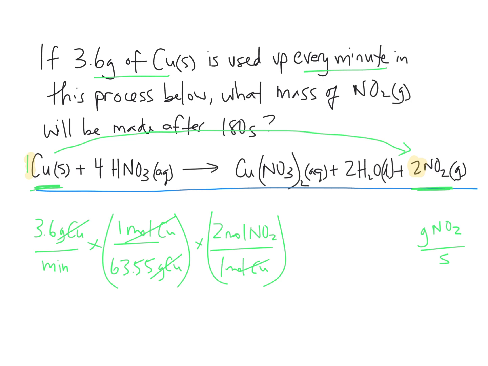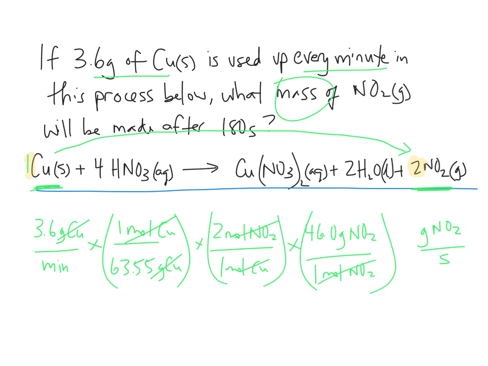All right. Then, of course, it actually asks for the mass of NO2, so let's convert that to mass. So if you look at the relative formula mass, it's 46.0 grams of NO2. Again, this is from the periodic table, per every mole. Cancel, cancel.